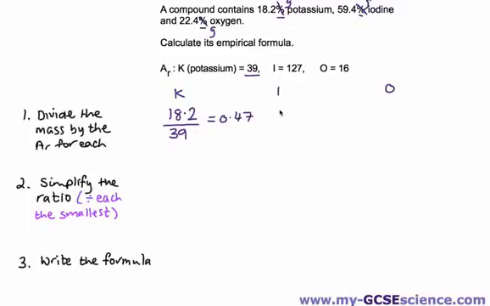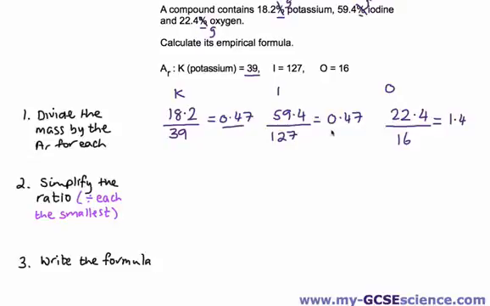We've got 59.4, divide that by 127, and fortunately and nice and neatly for us, it's 0.47. And for the last one, for the oxygen, we have 22.4 divided by 16, and the answer there is 1.4.